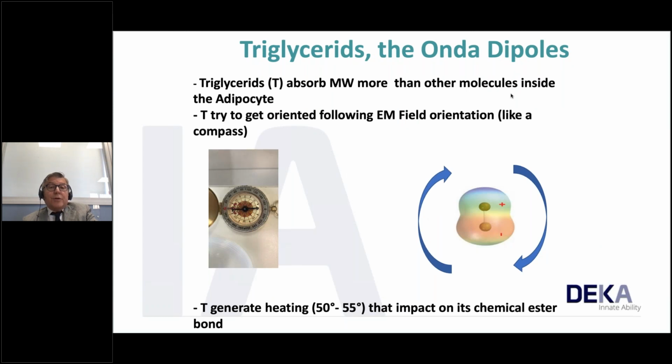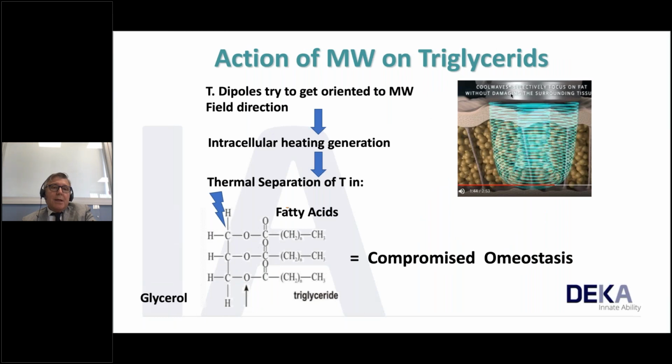Triglycerides absorb microwaves more than other molecules inside the adipocytes. Triglycerides try to get oriented following the electromagnetic field orientation like a compass and generate heating at approximately 50-55 degrees that impacts on its chemical ester bond.